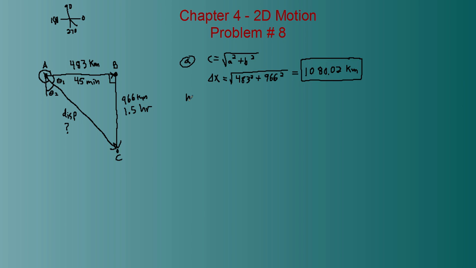Alright, so let's do theta 1 first. Theta 1 equals. Now we have all three sides, so we could use either SOH, CAH, or TOA, but let's use TOA. So tangent inverse, TOA, opposite over adjacent.